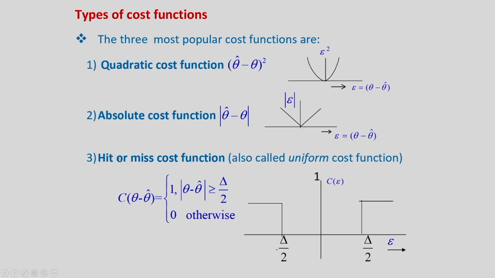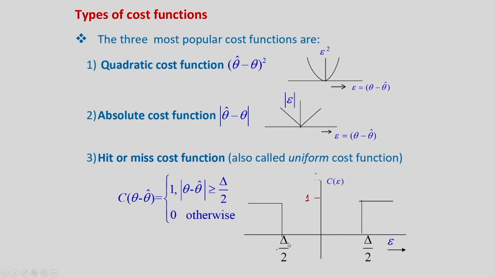The third cost function is the hit or miss cost function, also called the uniform cost function. It is given by C of theta minus theta hat equal to 1, that is uniformly 1, for absolute value of theta minus theta hat greater than or equal to delta by 2, and 0 otherwise. This is the plot of the hit or miss cost function.